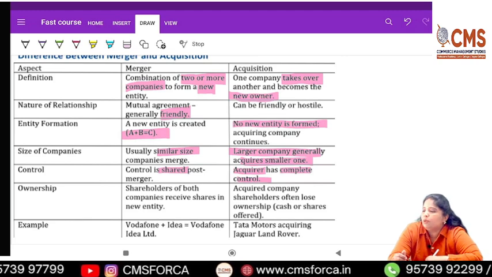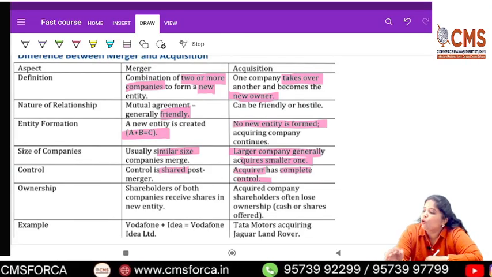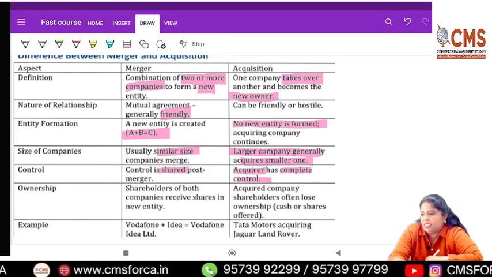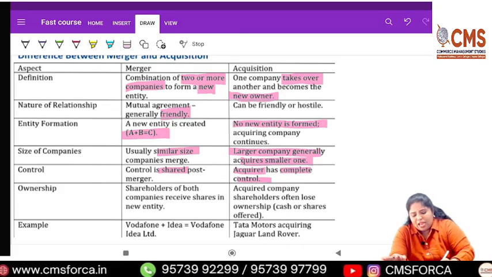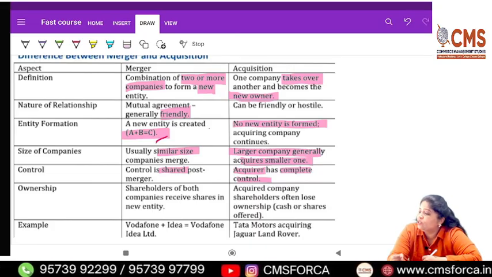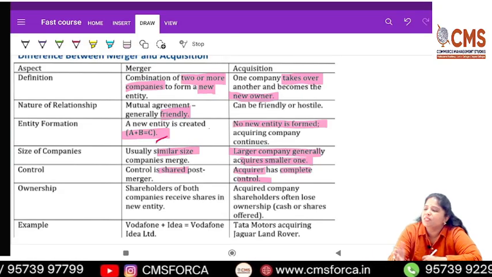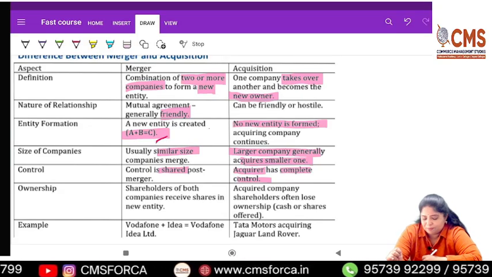Now let's talk about the nature of relationship. As I mentioned, it happens always with mutual consent. Next, a new entity can be created, but I have given you other possible scenarios as well when a merger happens. One firm or more firms can lose their identity.